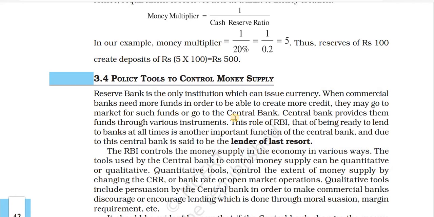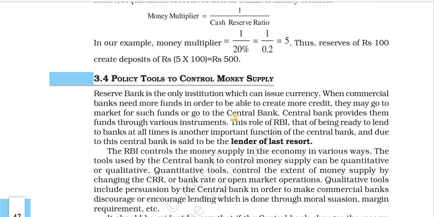The central bank provides funds for various institutions. Suppose some banks are in crisis, the central bank will provide funds for that. Due to this, the central bank is said to be the lender of last resort.